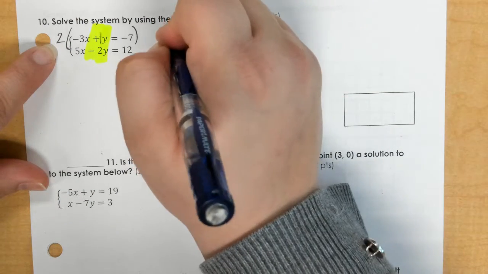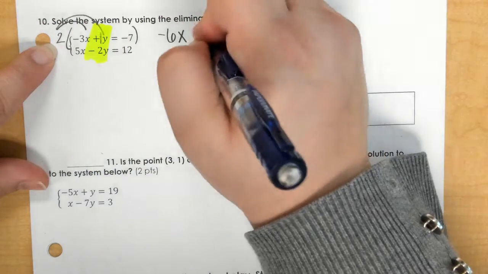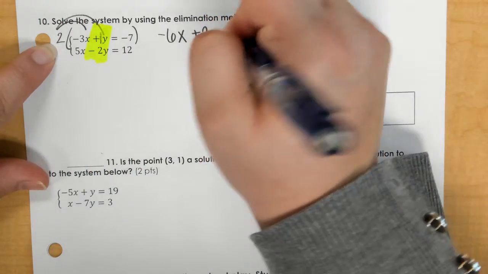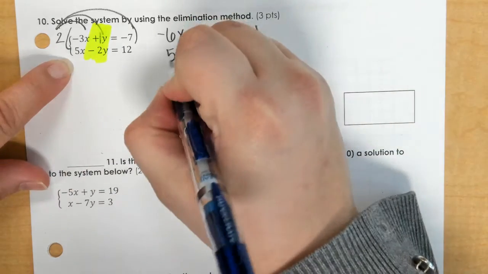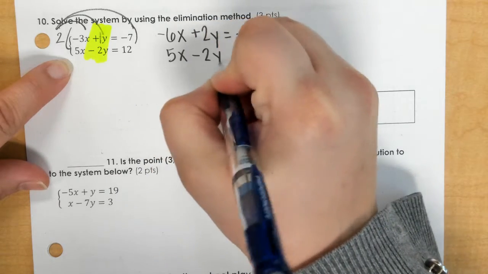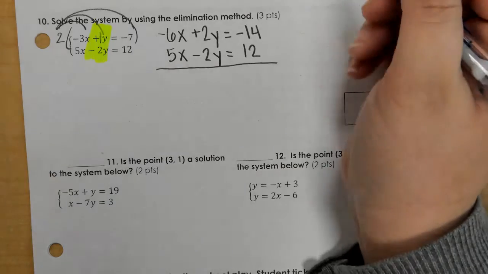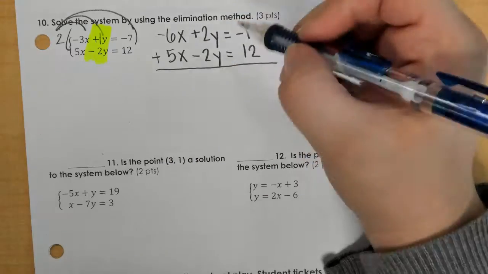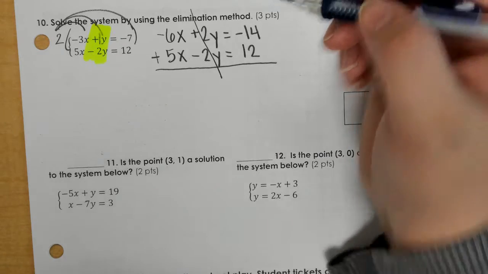So I would say negative 6x and then 2y and then negative 14. Bring down the second equation. So then I need to cancel or eliminate my 2's.